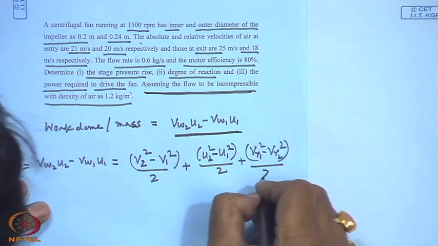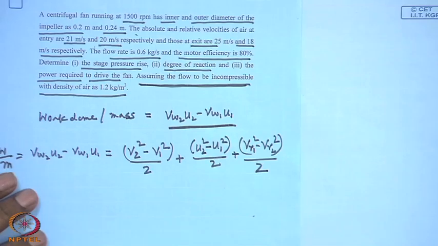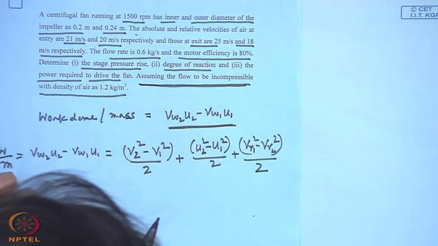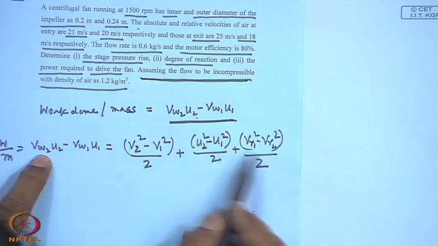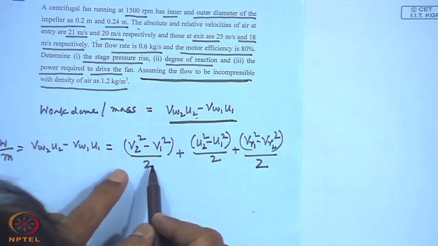I explained this in detail in one earlier class of fluid machines, that it can be split like this from the geometry of the velocity triangles.